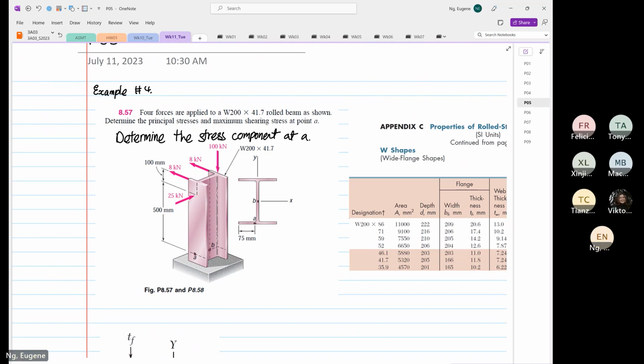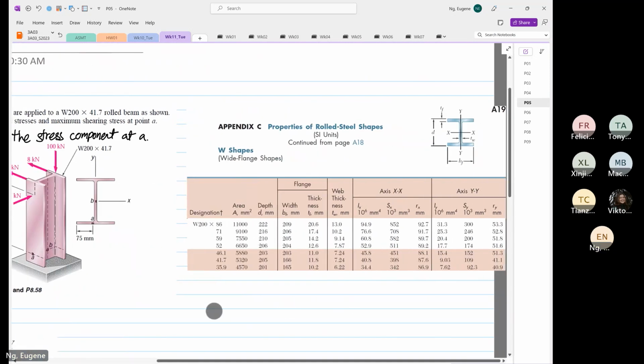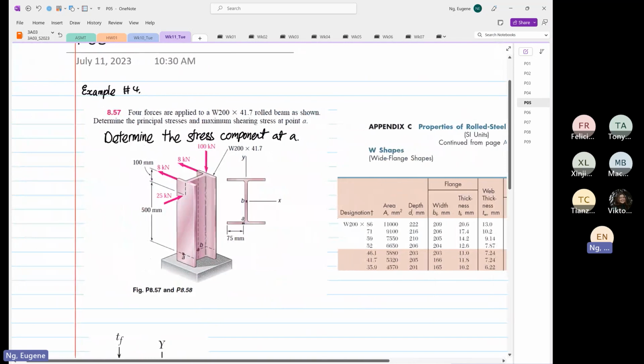If you look at the transformation that's given to us, I'm going to follow what is given. So this will be our X.